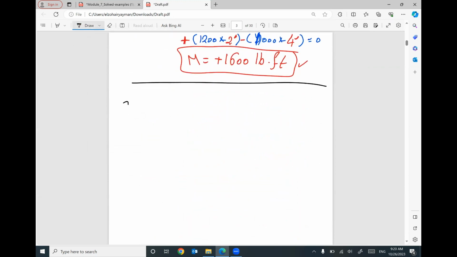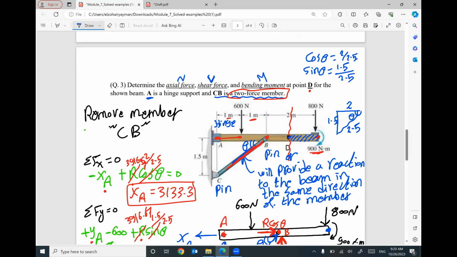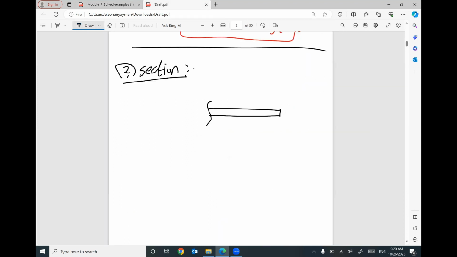So step number 2, your section. I have this little part. Here is your section. This point is called D. At this position, I have 800 as a force.